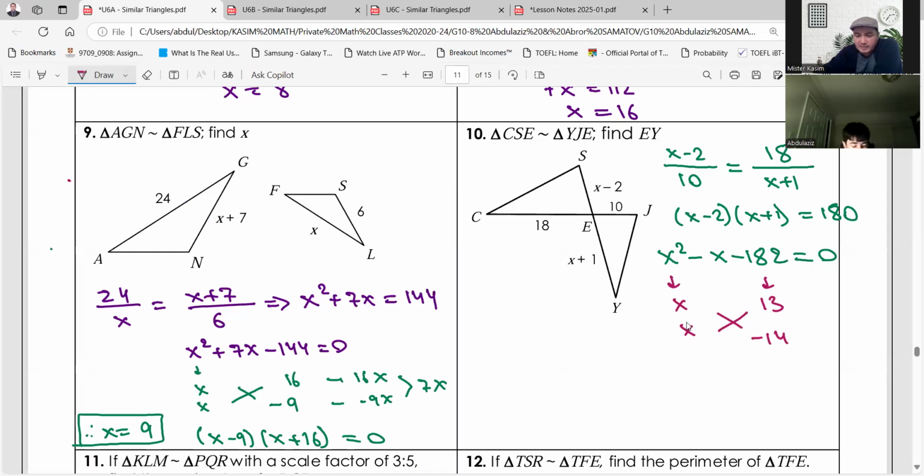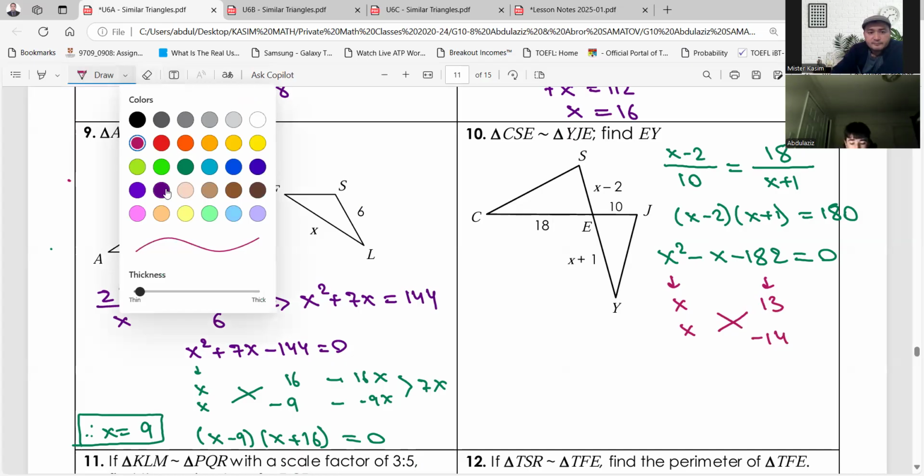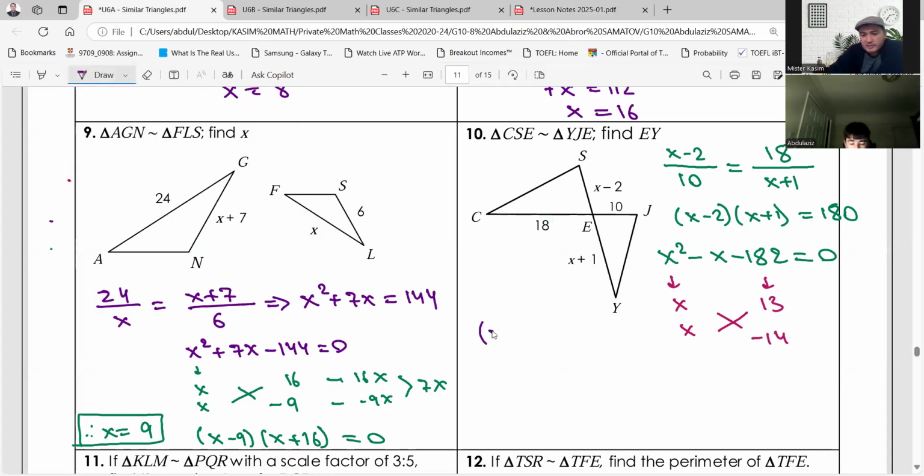You see x times x is x squared, 13 times negative 14 is negative 182. If you cross multiply and add, you will get minus x, the middle term. And now I can factorize it as x minus 14 times x plus 13, that is equal to 0.